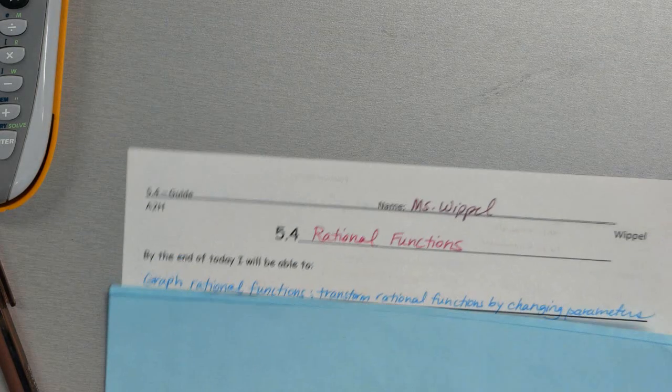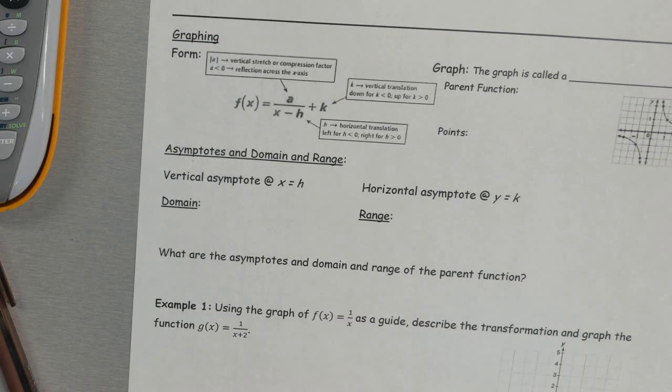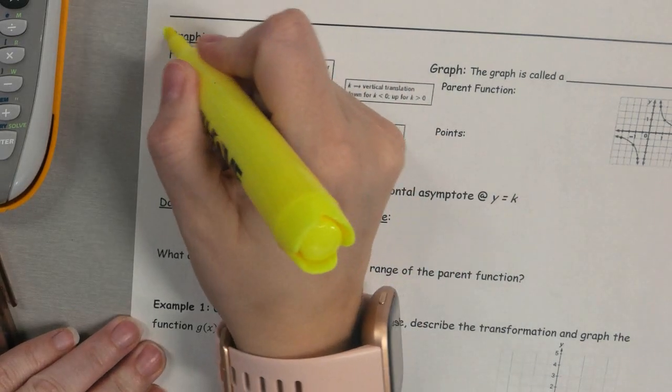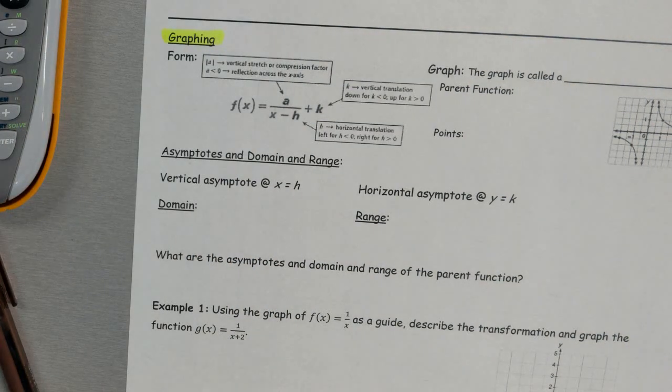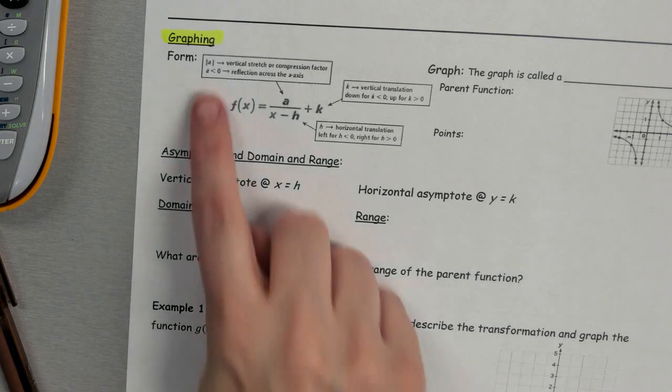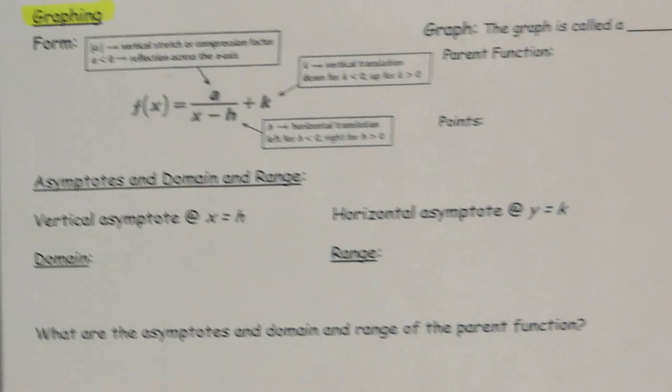All right, now, some of this stuff is going to come back to you, okay? But we're going to do a quick review of some of our graphing and some of our techniques when we have transformations, okay? So the first thing says the absolute value of A. I'm going to zoom it in because I know that stuff is kind of small.